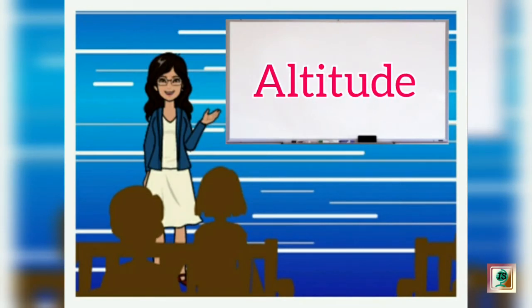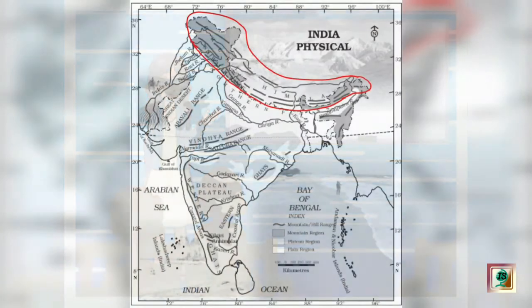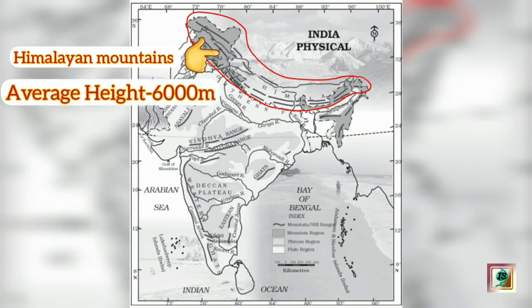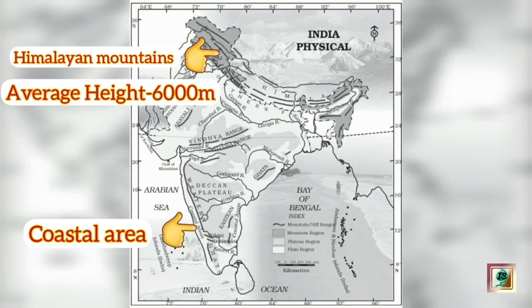You know, India has different types of landforms of different heights. For example, the Himalayan mountains. They are in the northern part of our country, which have an average height of about 6,000 meters. India also has a vast coastal area where the maximum height is about 30 meters.